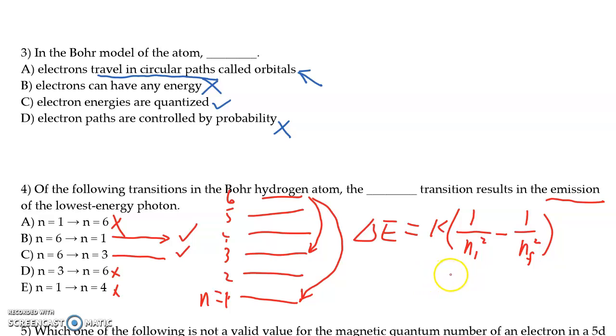So you're comparing from 1 to 6. 6 squared will be 36, or you want it from 3 to 6. So 3 squared is 9 over here. So which one is bigger? Okay, so it turns out this number is bigger, and therefore B is the right answer.